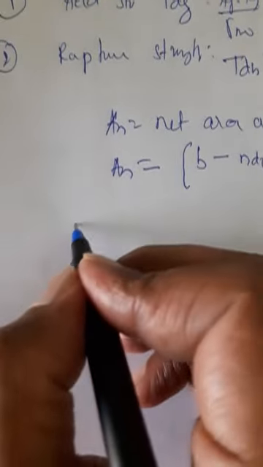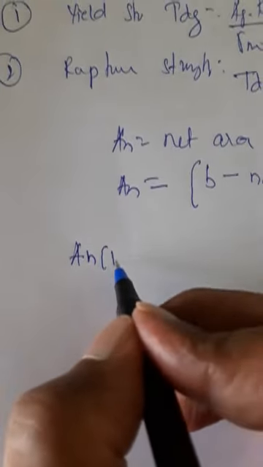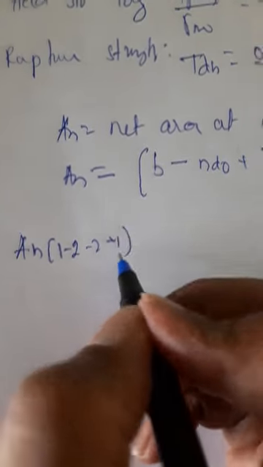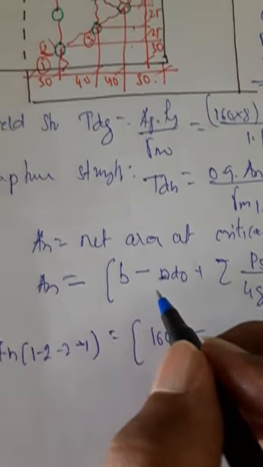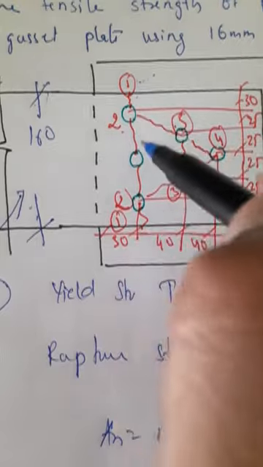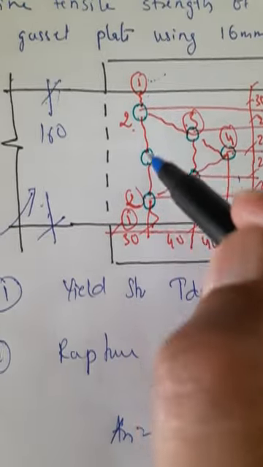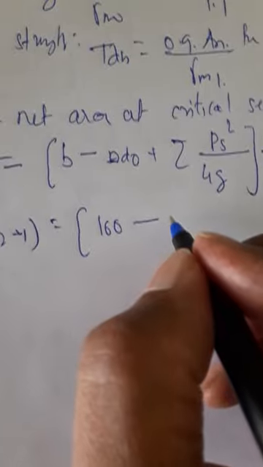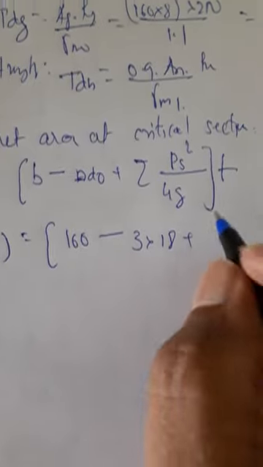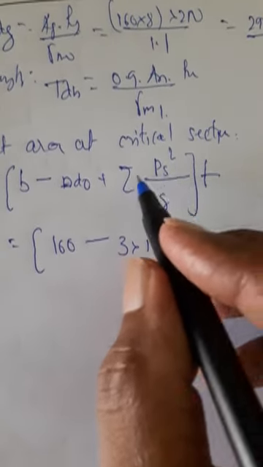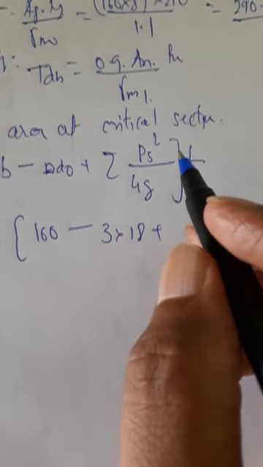Now I will write for each of the sections separately. First let me write AN for 1, 2, 2, 1 along this section. So B is 160 minus N, the number of bolt holes in this given direction. Along this line the number of bolt holes is 3, so minus 3 into D0. D0 is 18, plus here the summation of P square by 4G means number of slant lines.